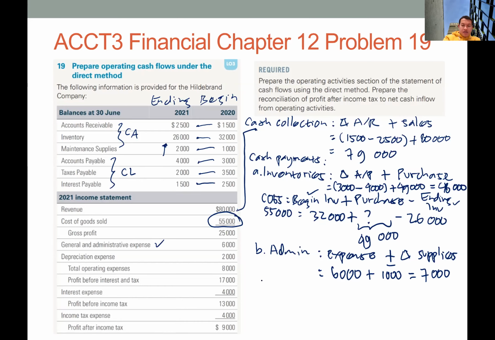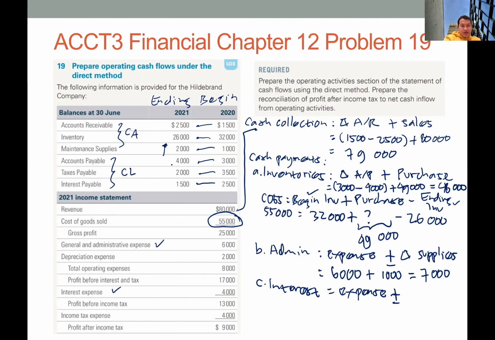Okay, and next is cash payment for interest. So cash payment for interest is the interest expense plus or minus the changes in the interest payable in the balance sheet.